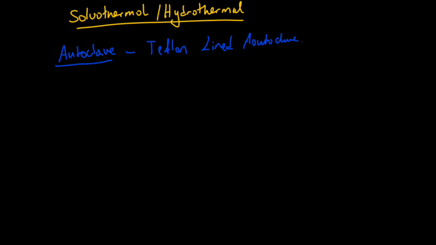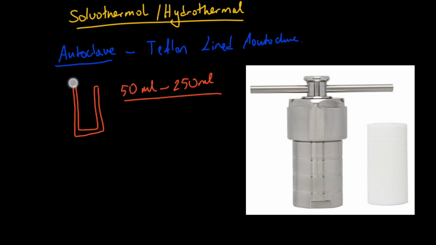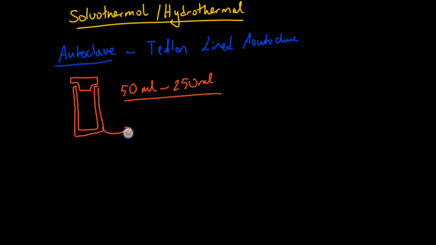And in these autoclaves, we have a Teflon container. These are generally between 50 milliliters to 250 milliliters. This is the volume. We have a lid of the Teflon liner. So this is complete Teflon. This red thing is Teflon.